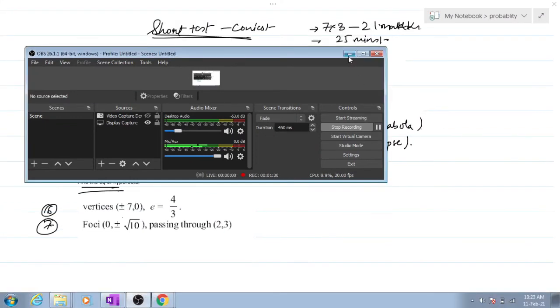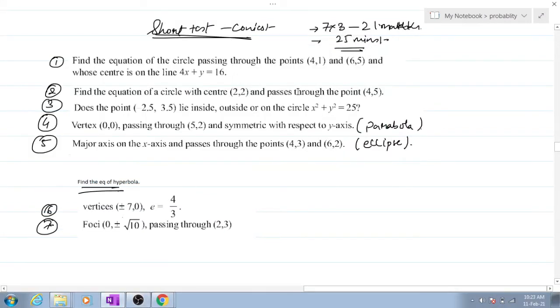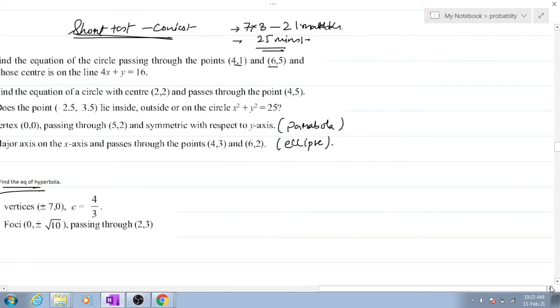Now listen up, we'll go through the solutions with some hints. The equation of the circle passes through two given points. So the standard equation will become, let the center be h comma k. Since the center lies on this line, we'll have 4h plus k equals 16 as our one equation.